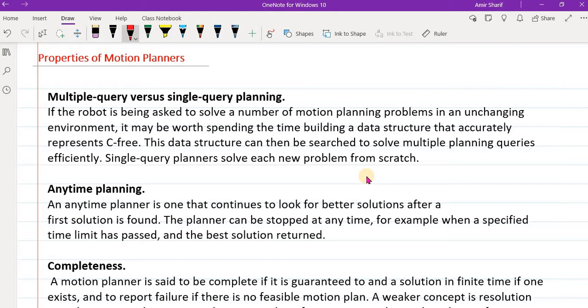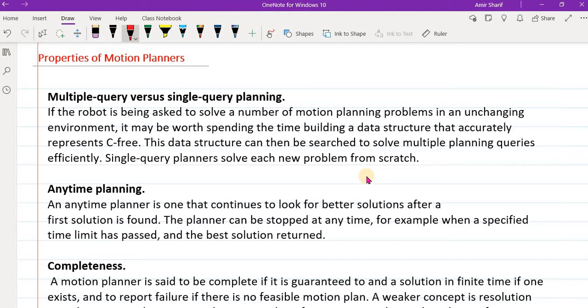If the robot is being asked to solve a number of motion planning problems in an unchanging environment, it may be worth spending the time building a data structure that accurately represents C-free. This data structure can be searched to solve multiple planning queries efficiently. Single query planners solve each new problem from scratch.